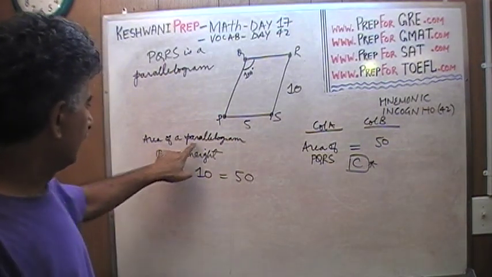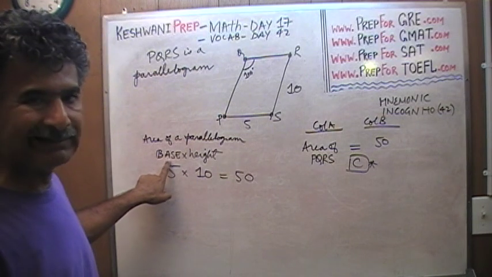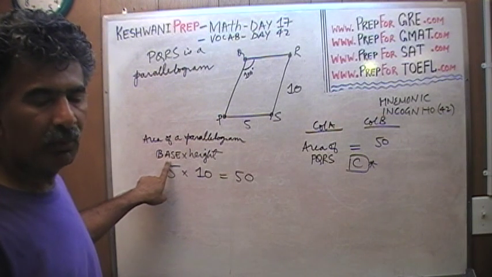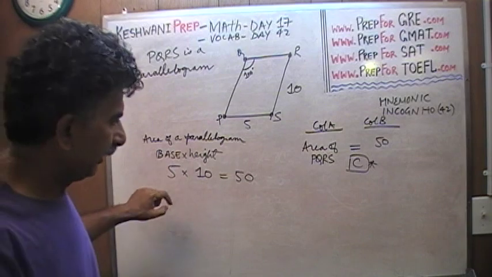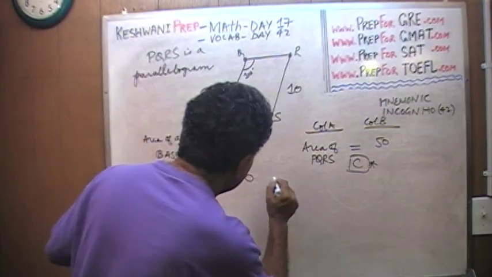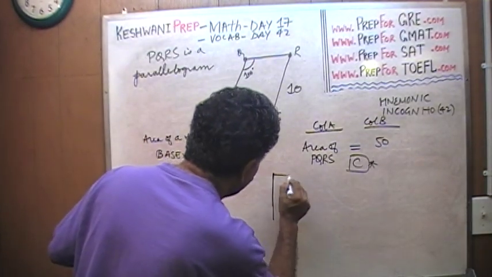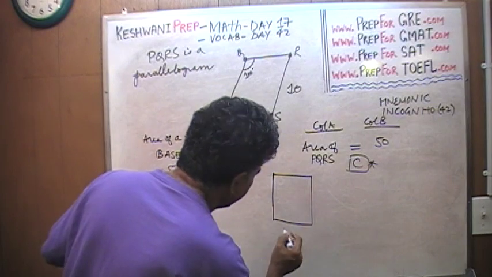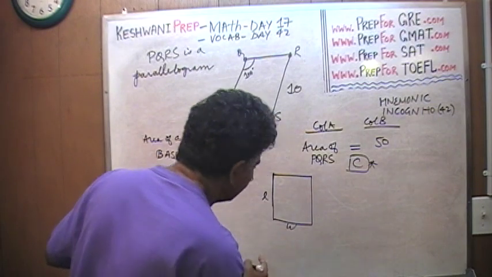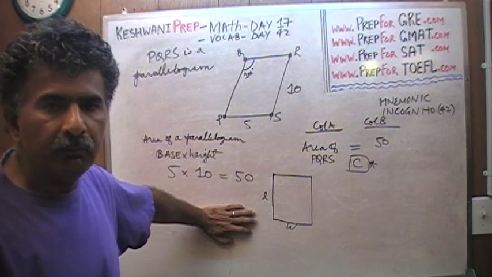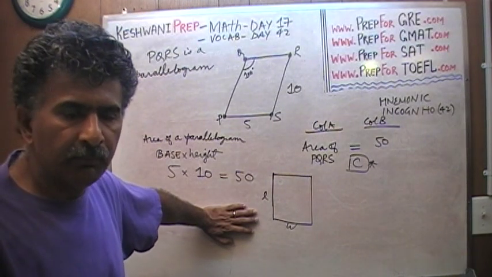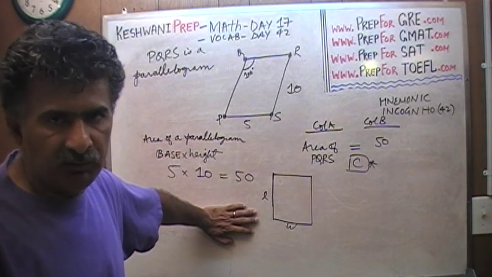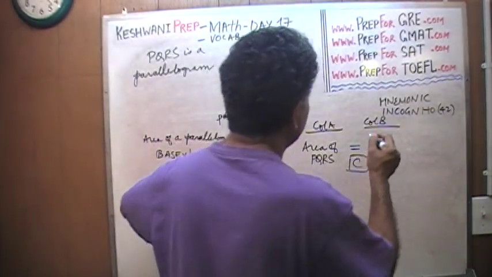This formula for the area of a parallelogram is the same formula that you would have for a rectangle. I'm going to show it to you. For a rectangle, if your rectangle looks like this, we say length times width. When one is talking about a rectangle, the convention is, well, that's another word, convention.